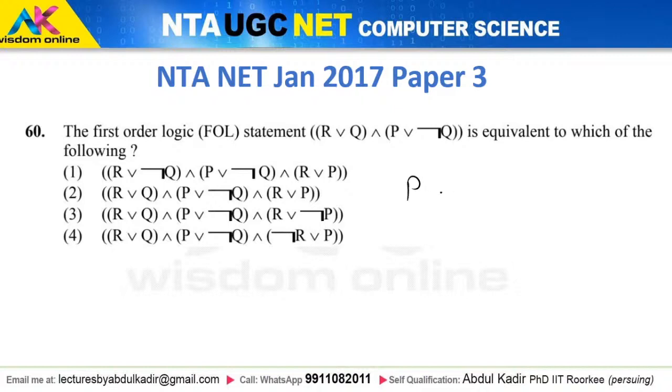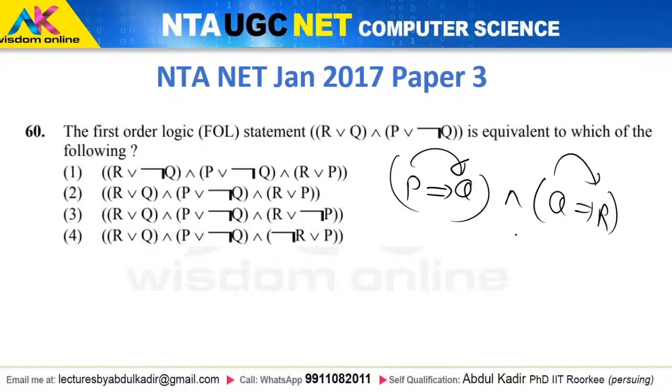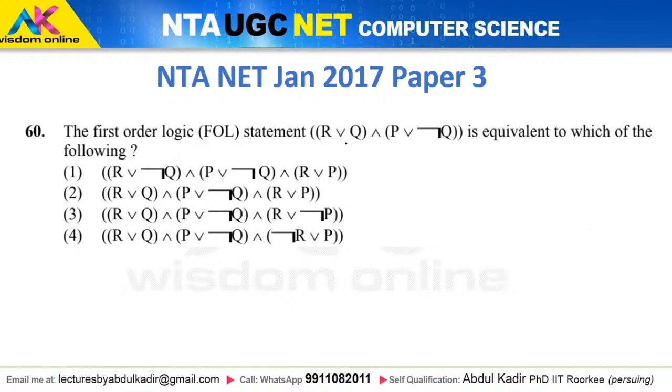If you remember, I gave you a property that if p implies q and q implies r, then p will imply r. We have already discussed this. This implication is basically transitive. Okay, so you just look at this option.